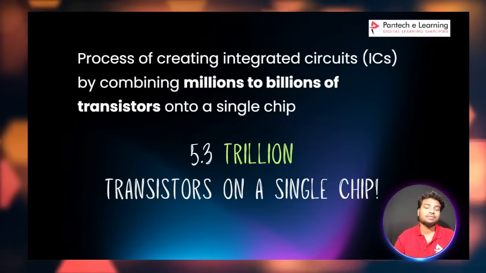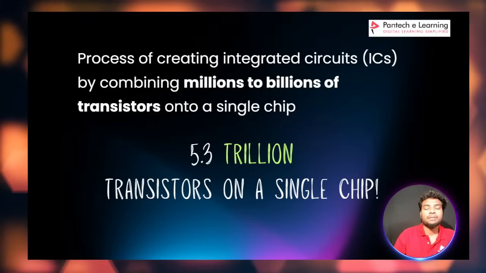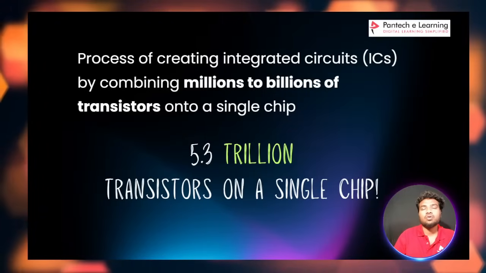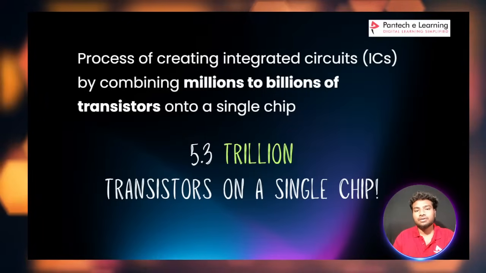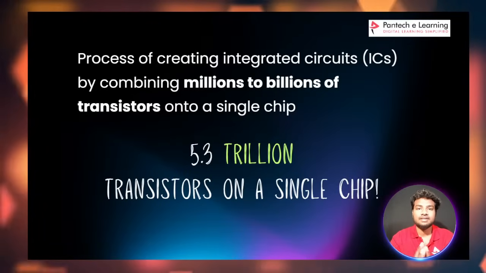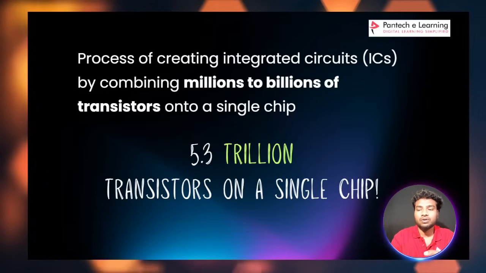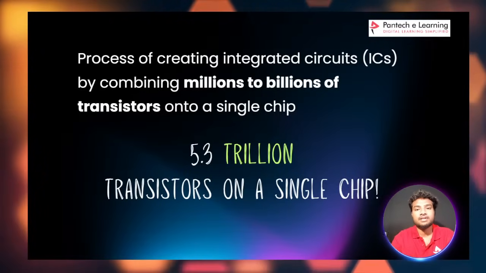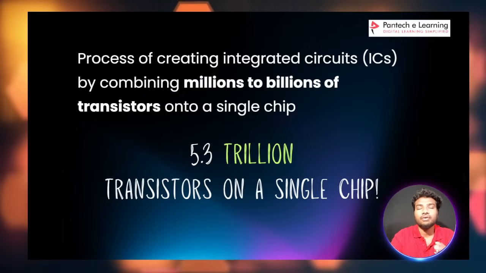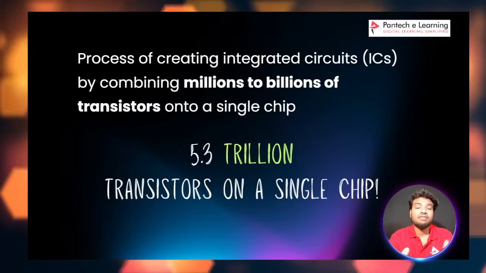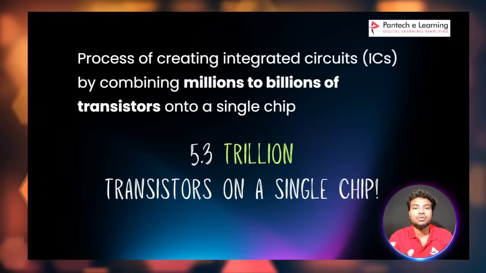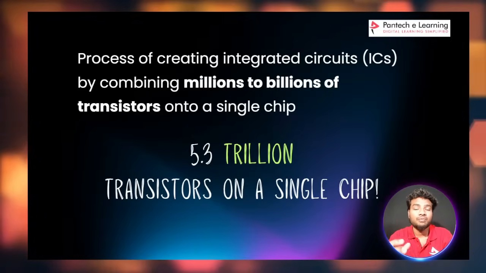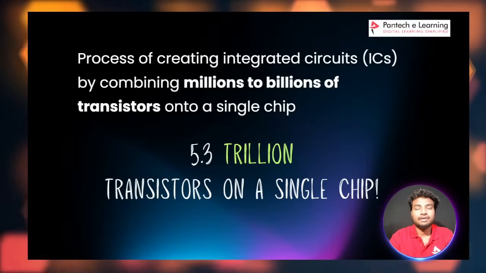So how does a VLSI engineer get high speed? It is based on the transistor count only. If a chip has a high number of transistors, it will work fast, because it can easily execute a lot of complex instructions.